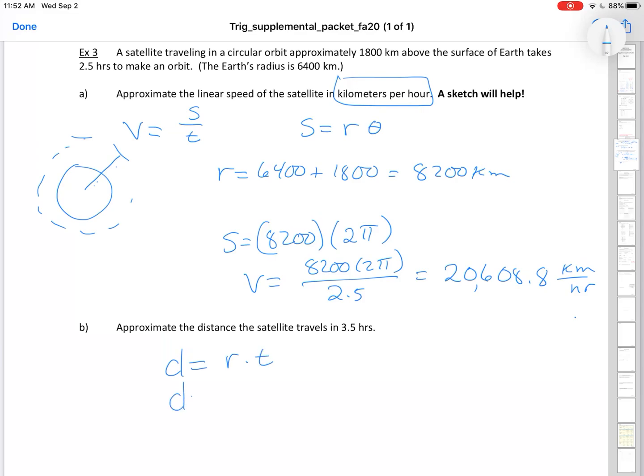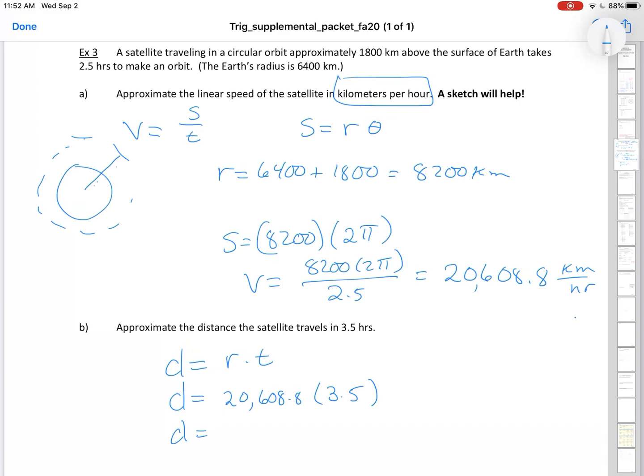Right? And so the distance it's traveling is equal to the rate that it travels, which is 20,608.8 times time, 3.5. Okay. And so we're doing nothing more than our old distance formula.